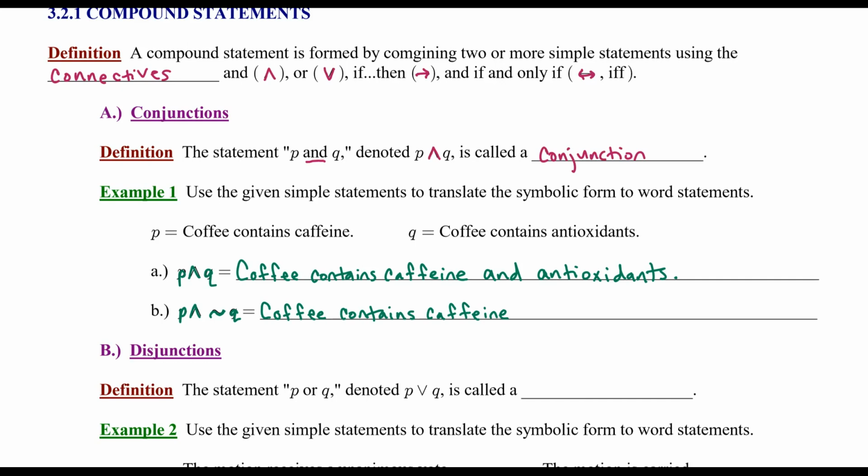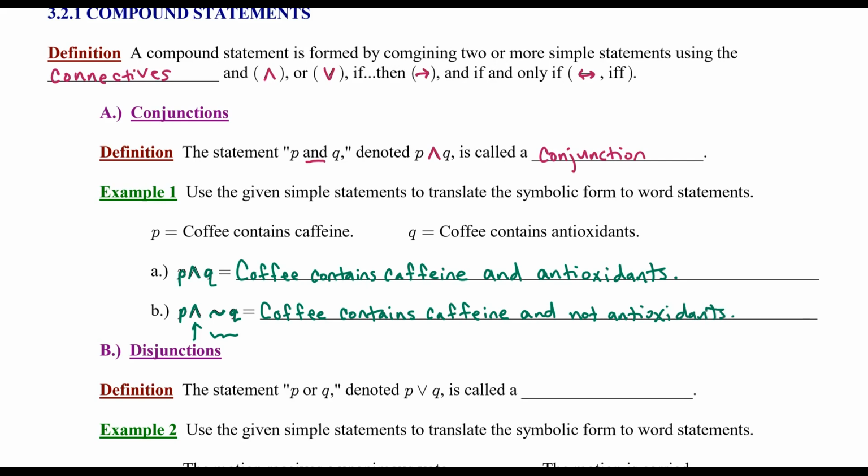The next symbol that I see here represents the word and. Then I have to form the negation of the statement Q. The statement Q is coffee contains antioxidants. Notice there are no quantifiers, all, some, and no, so we can negate this statement simply by inserting the word not. So we will say coffee contains caffeine and not antioxidants.